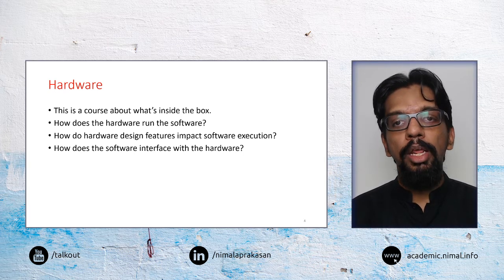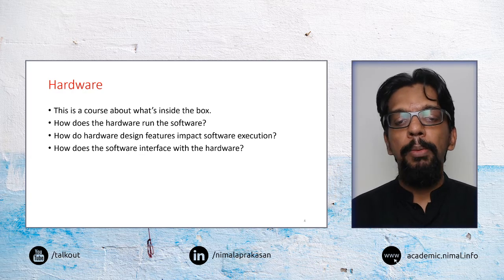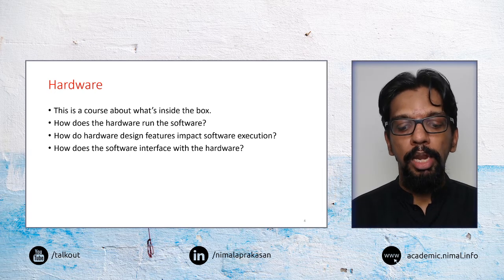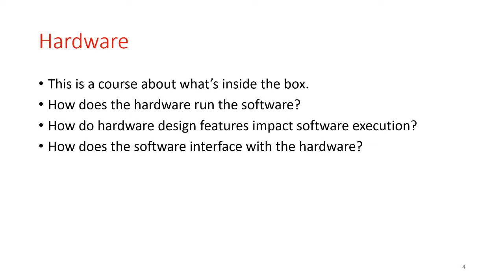And what are the various hardware design features and how they may impact how a software is running or executing on that particular computer platform. And we are also talking about how various software components may be interacting or interfacing with these hardware components.